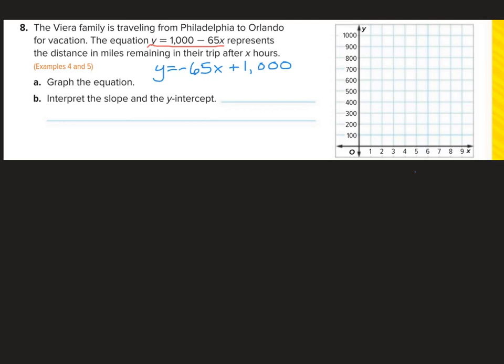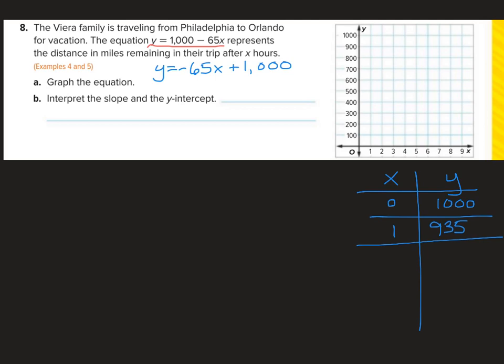I'm going to make a small table on the side here with my x inputs and my y outputs. So if x is 0, I know that y is 1,000. And if x is 1, I know it's 1,000 minus 65, which is 935.